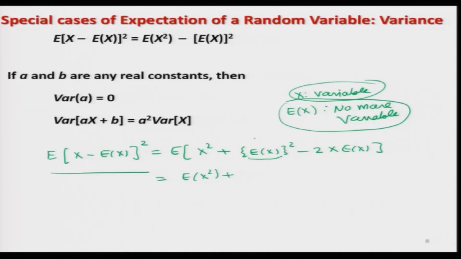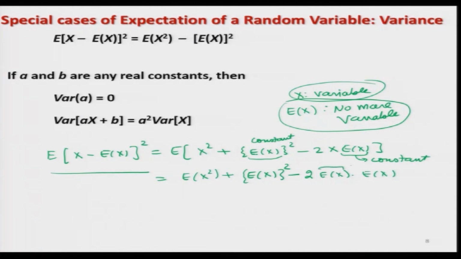So now you can see here that this is a constant value. Now you know the expected value of a constant is a constant. So this will become expected value of x whole square, and minus, now you know that this is expected value of x, so once again this is constant. So I can write down here 2 expected value of x into expected value of x.